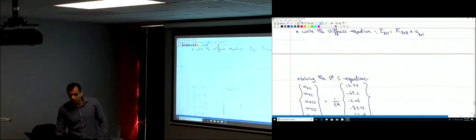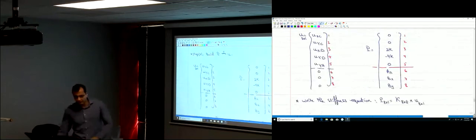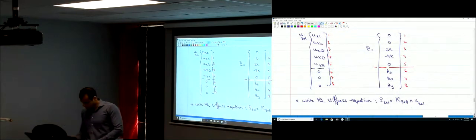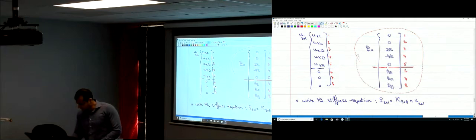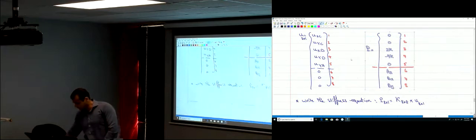Okay, so let me write this here. What you have is this. Your stiffness equation says that P, so let's copy this. That's P, right? It's equal to K, right?